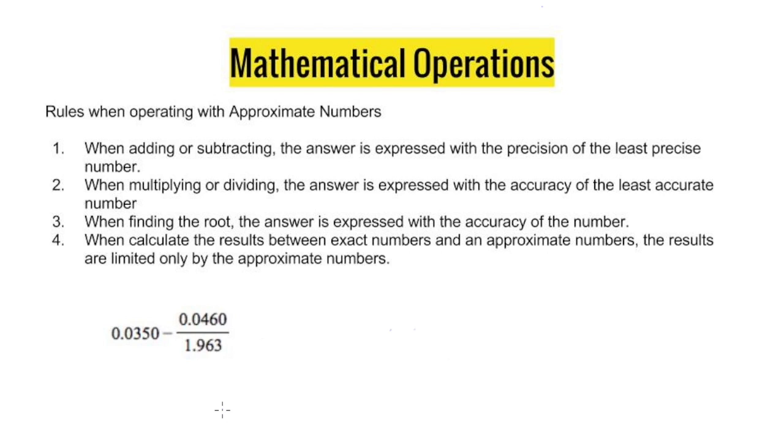This expression should look very familiar to you. We were discussing it earlier when we were speaking on estimation. We estimated that this expression would have come out to approximately 0.015. So I want to see how close we actually were.